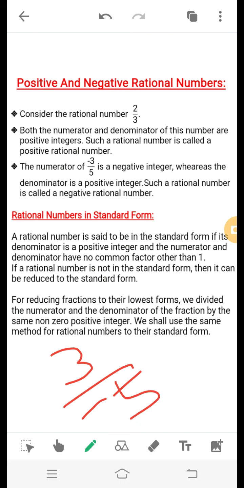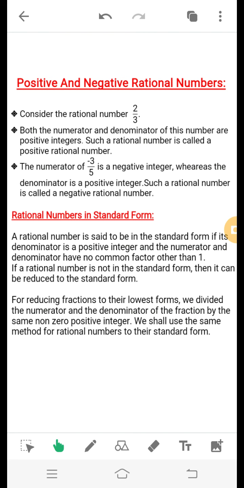Rational number in standard form. A rational number is said to be in the standard form if its denominator is a positive integer and the numerator and denominator have no common factor other than 1. If a rational number is not in the standard form, then it can be reduced to the standard form. You learned in the second chapter, Fractions, how to get the reduced form, the lowest form.